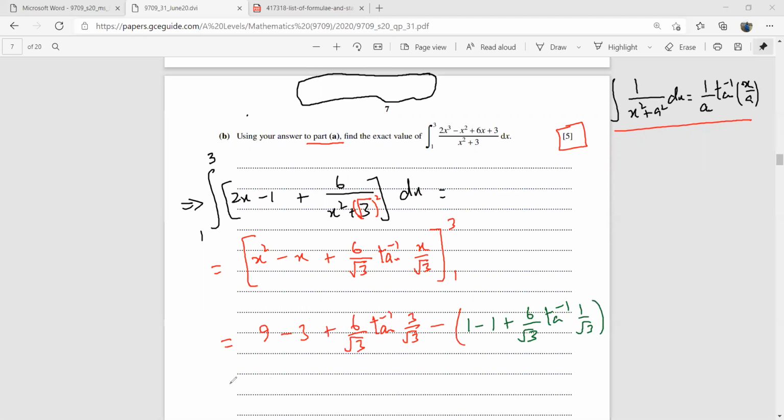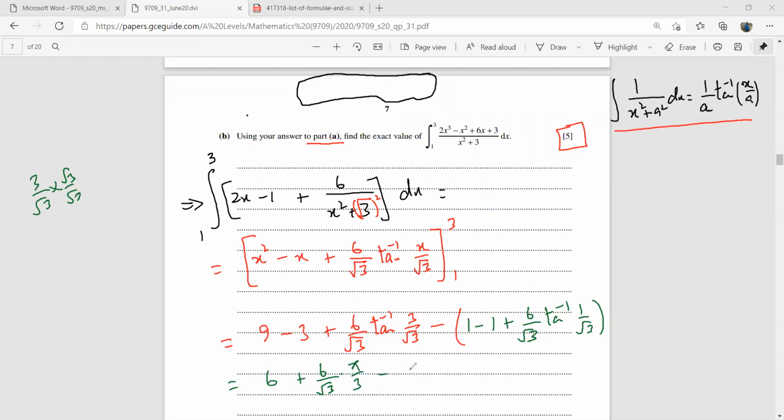So this is 6 plus 6 over under root 3. I think this is 3 over under root 3. That is pi by 6 or pi by 3? One second, let me recall. Yes, under root 3, that is pi by 3.